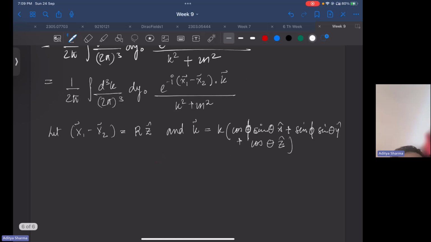Therefore, the dot product of k vector dot x1 vector minus x2 vector can be written as r cos theta k.